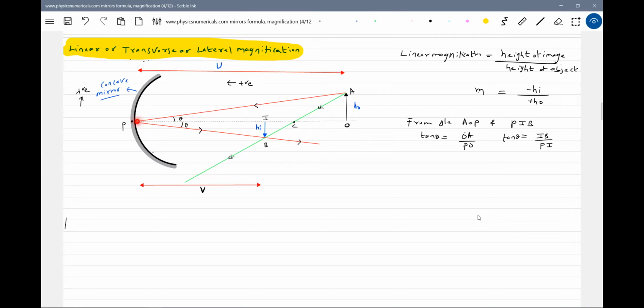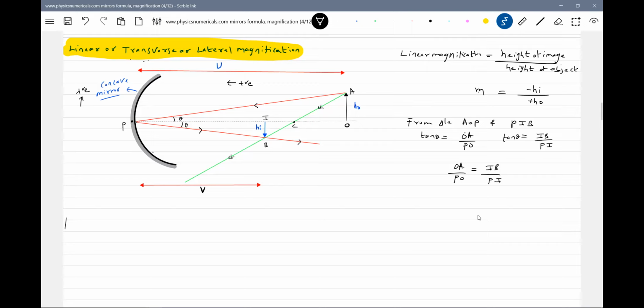From the laws of reflection, because this principal axis will become like a normal at the pole, so angle of incidence should be equal to angle of reflection. Then equating these two, OA by PO equals IB by PI.